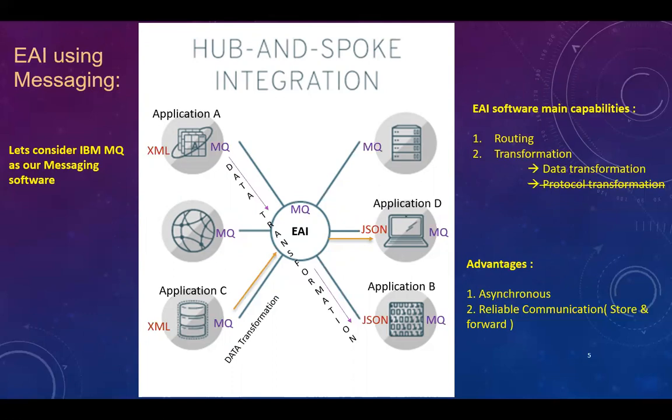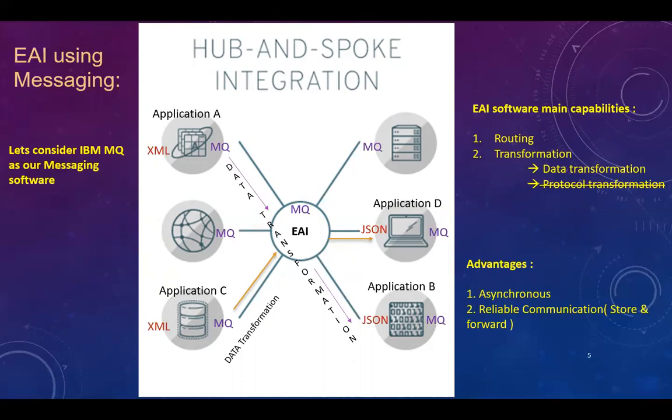What are the advantages of this methodology? You're going to have an asynchronous way of communication, as said in the previous slide. Another is reliable communication. Application A is trying to send a message to application B, and you are able to ensure that application B receives the message and that it is not lost when application A sends it.